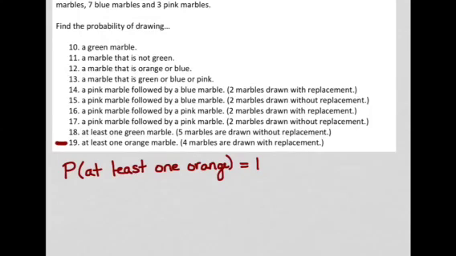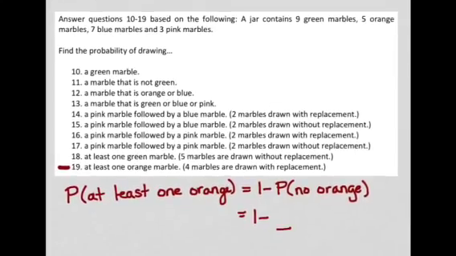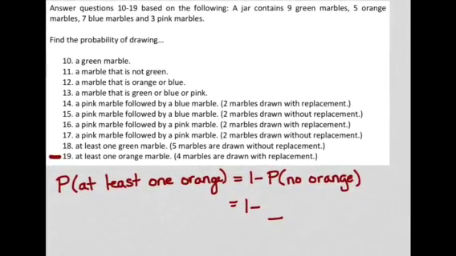So this will equal 1 minus the probability of no orange. Same reasoning as the last problem. And to calculate this, we're going to say it's 1 minus, and then what's the probability of not orange the first time? So there are 5 orange marbles.